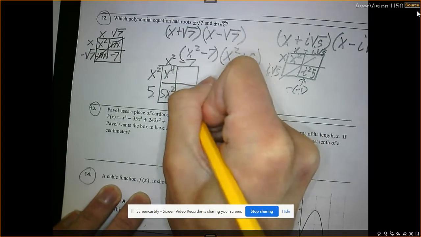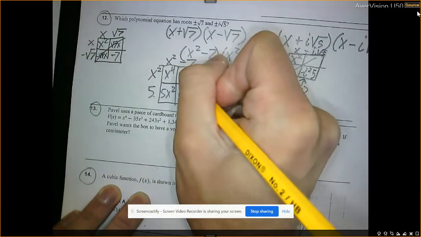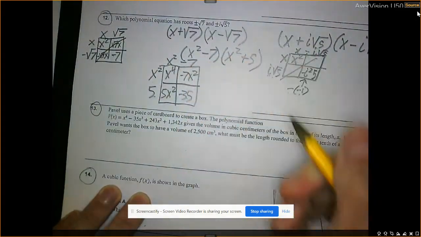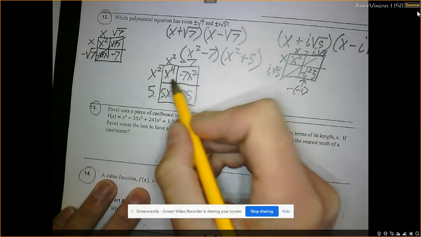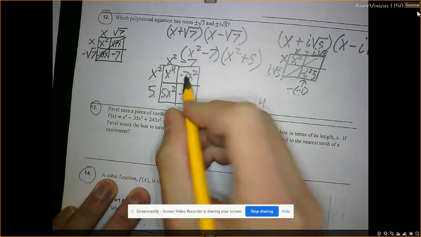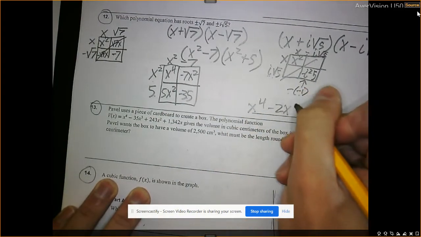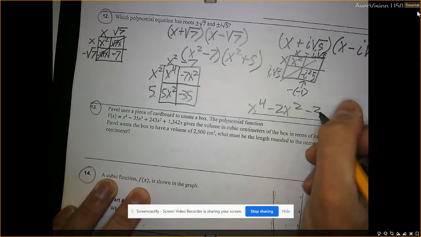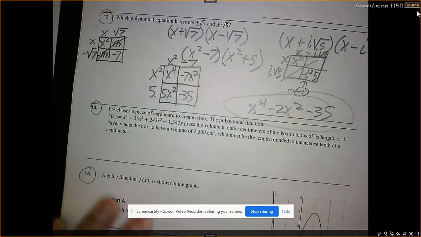That's negative 35. x squared times negative 7, that's negative 7x squared. When you combine your like terms, well, there's only one x to the fourth. 5x squared minus 7x squared, that's negative 2x squared. And then minus 35, that is your answer there.